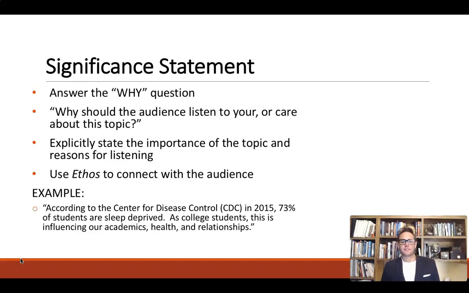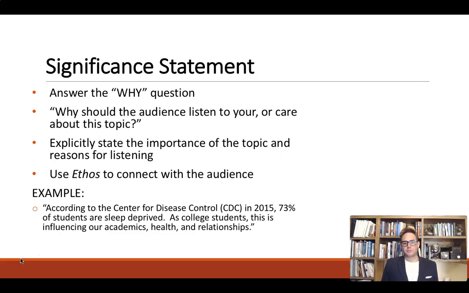The significance statement. This is the why is it important type statement. So again, you want to answer the why question. Why is this important? Why should the audience listen to you or care about the topic? So explicitly state the importance of the topic and the reasons for listening.